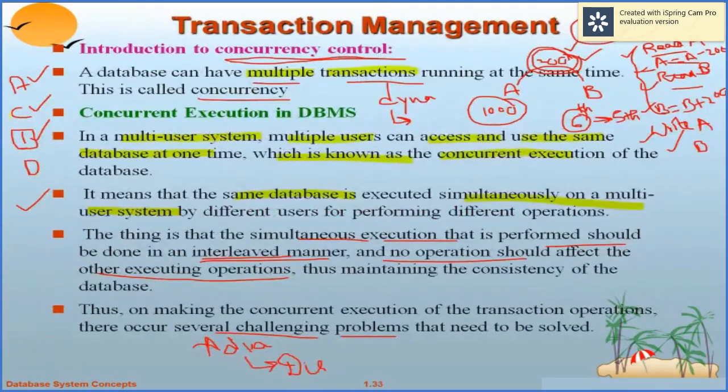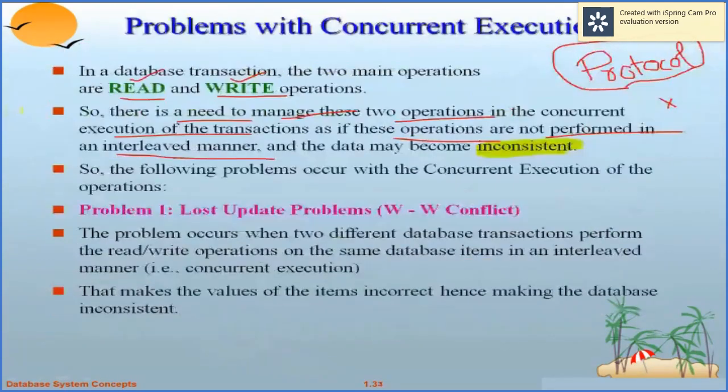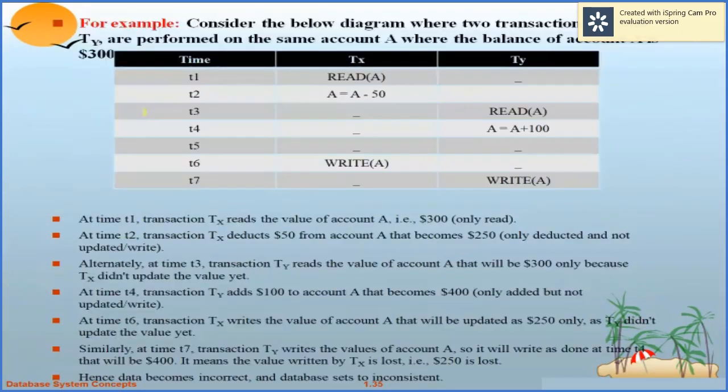My ACID property says the transaction should satisfy the consistency condition. But if the read and write operations are not performed in a proper manner, then this leads to an inconsistency condition. Okay, so let's take an example and try to understand what happens over here.